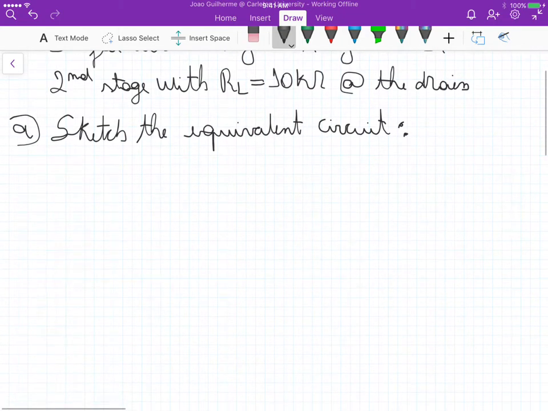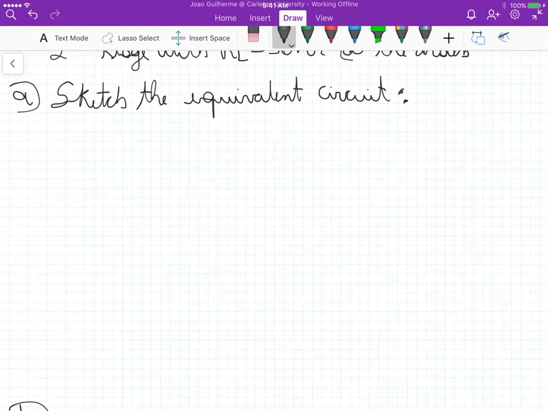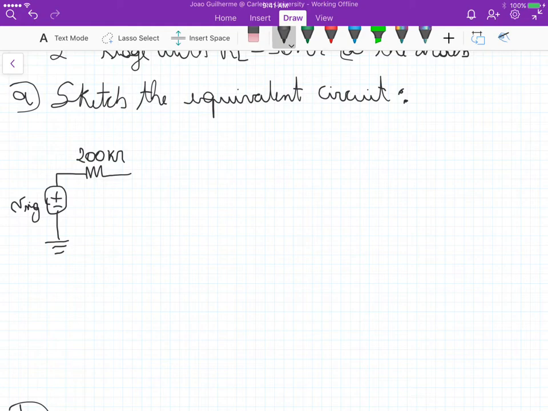So the first stage, we have this signal connected. Okay, we have the resistance, which is 200k ohm, and that goes here, and that's basically what gives us VGS1.